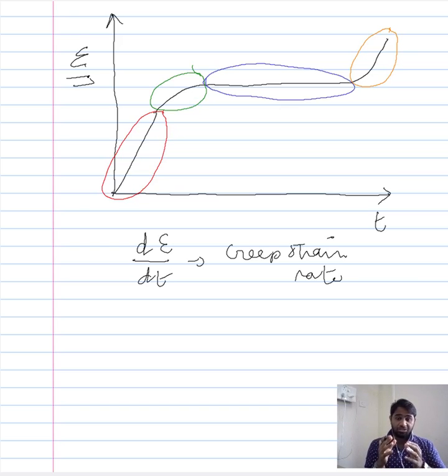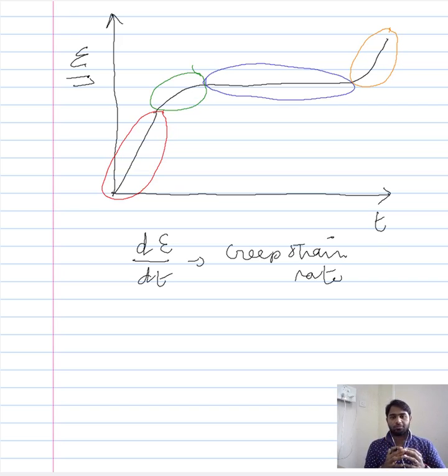The instantaneous creep can occur within a very small period of time, thereby allowing us to get rid of it, or it can occur over a period of time. But irrespective of how it occurs, it is rather instantaneous. It occurs rather immediately after you apply the load, and during this period, the creep strain rate, or the slope, is constant.